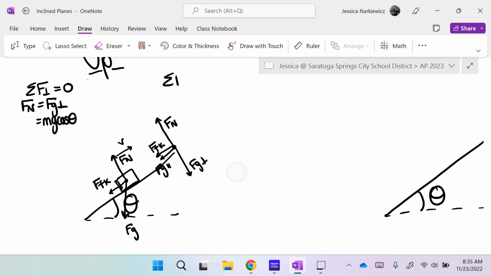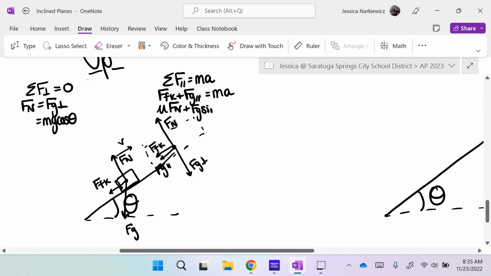In the parallel direction, we are going to accelerate because looking at my free body diagram, I can see there's definitely a net force, because my force of kinetic friction and my Fg parallel add together. So I have mu times the normal force added to Fg sine theta equals ma, right?